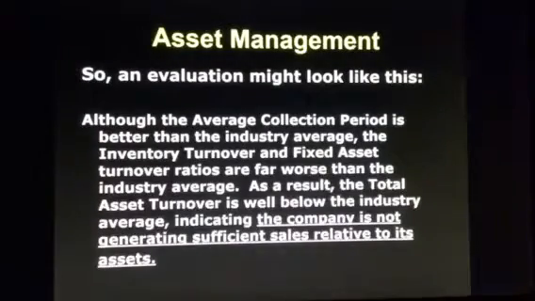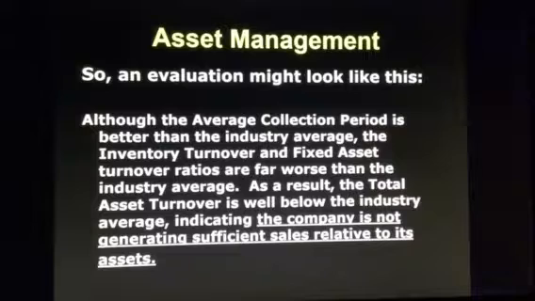So the evaluation might look like this: although the average collection period is superior to the industry average, the inventory turnover and fixed asset turnover ratios are worse. They are inferior to, they are below the industry average. Overall, the total asset turnover is well below the industry average, and here's your conclusion, indicating the company is not generating sufficient sales relative to its assets.